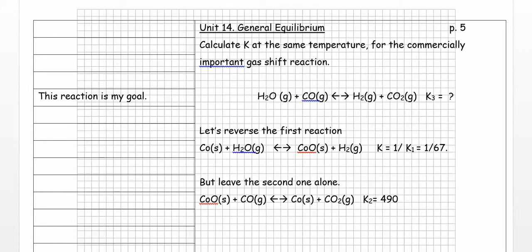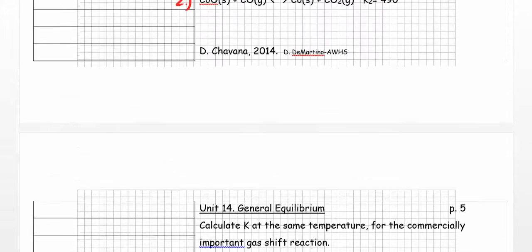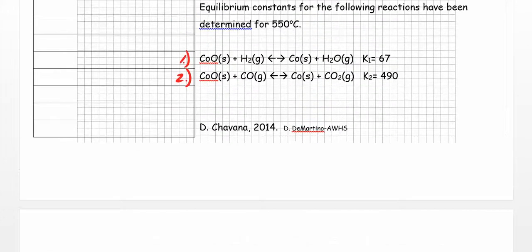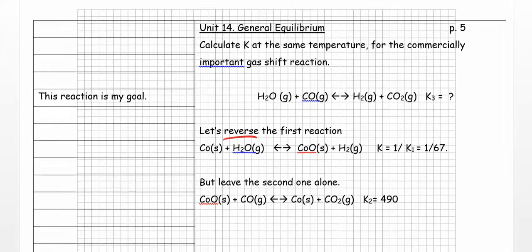So what do we do with these two equations that I've been given? Well, the first thing I'm going to do is reverse the first reaction, the one that I labeled number 1 above, this one right here. I need to reverse that reaction so I can cancel things out properly. So once I reverse that reaction, what happens to the K?